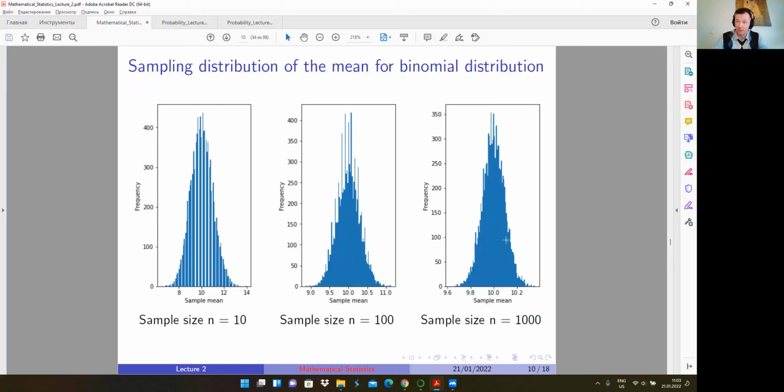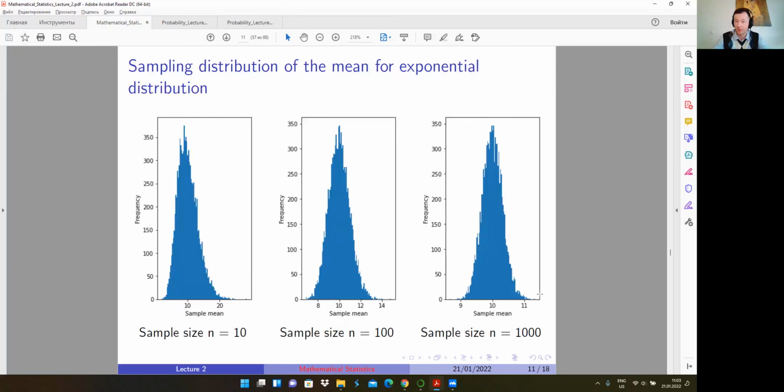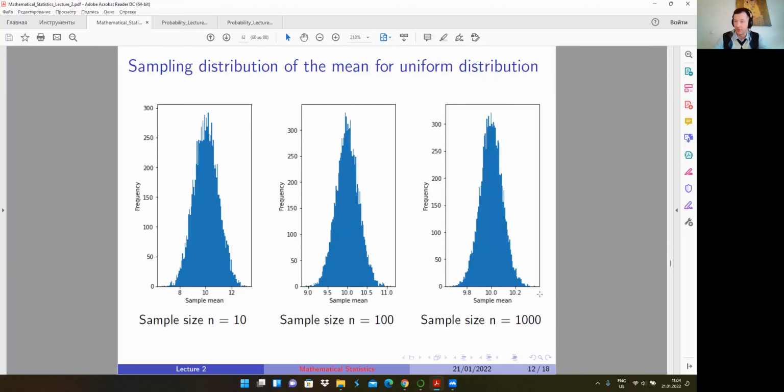And this is a very important and striking result, because if I don't know the distribution of my underlying random variable, but I have a large enough sample, I know, or at least I can approximate, the distribution of a sample mean with the help of a normal distribution. Here, here, and here. For three particular distributions, we see almost the same result, which is brilliant, I guess.